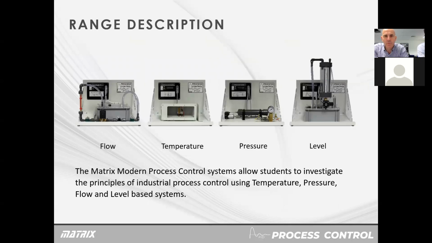There are 4 products in the range: flow, temperature, pressure, and level. And you can see the 4 models there. They've got a built-in controller, and they consist basically of some powder-coated metal housings with electronics built in, and then the apparatus on top.